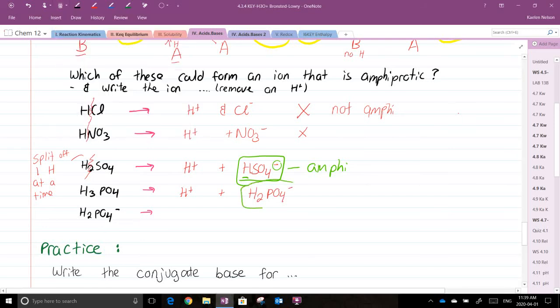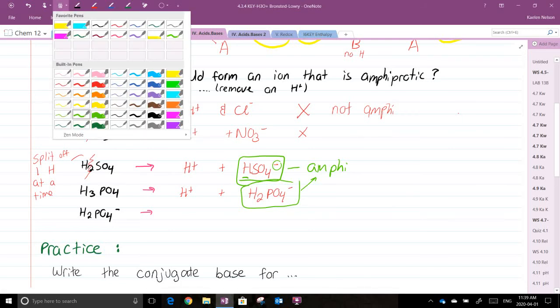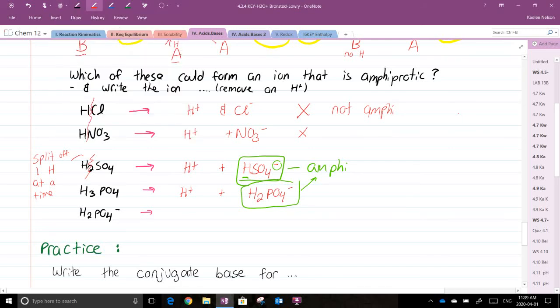Okay, and again, this guy here, also amphiprotic. And H2PO4 minus can actually ionize off another H as well, so I can take an H from here and make HPO4 2 minus, which is also amphiprotic. So phosphoric acid actually has two ions that become amphiprotic when it is made.